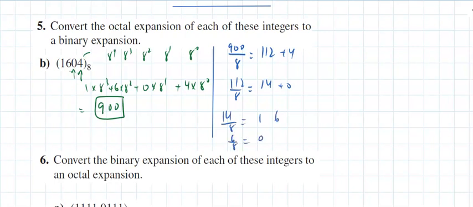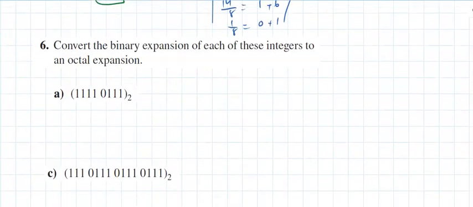And 1 divided by 8 is 0, and the remainder is 1. Right? So you start from the bottom up. That is 1604 in base 8, which is what we started with. I know it's a bit messy in the beginning, but you'll get the hang of this.